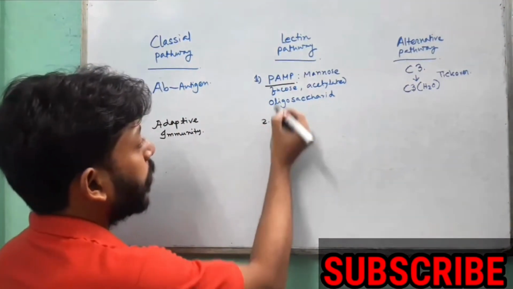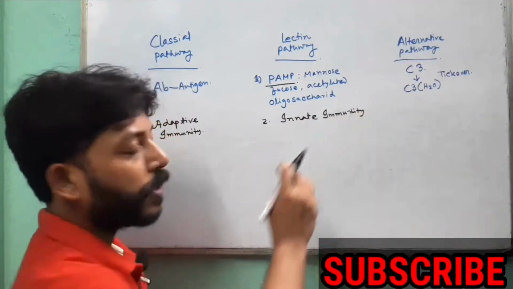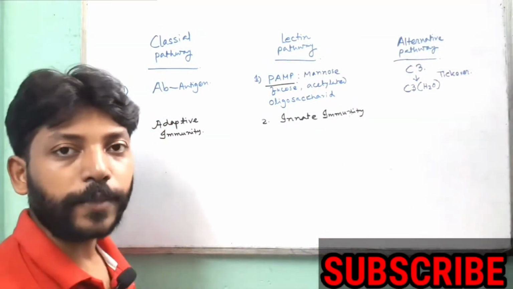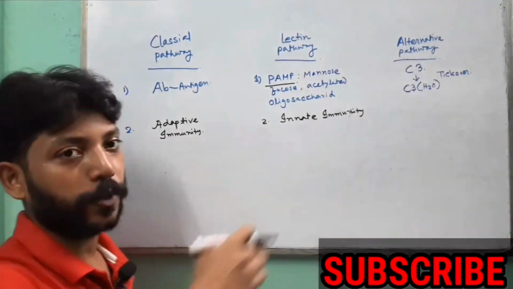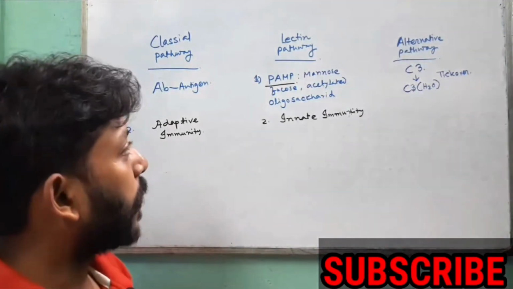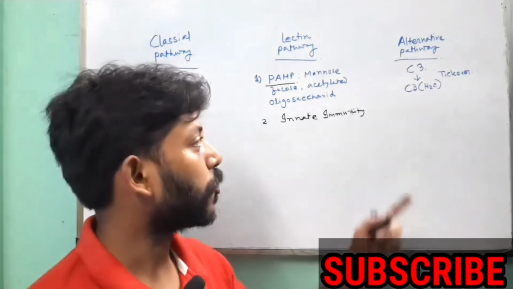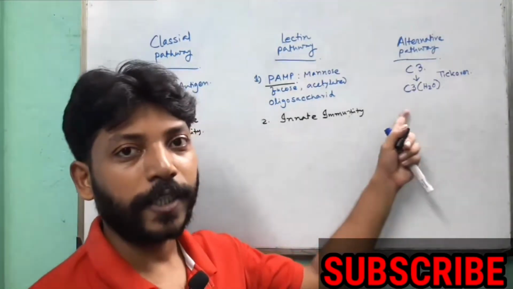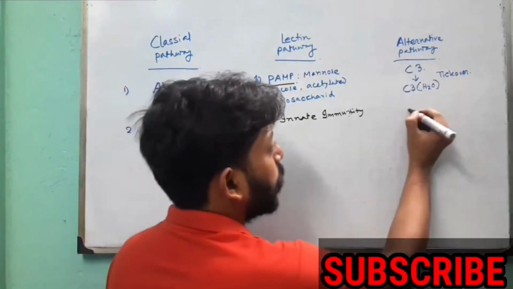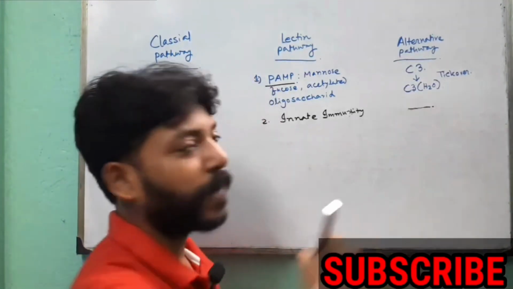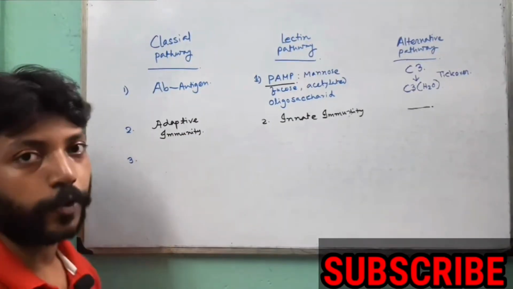So the lectin pathway falls in the innate immunity. Now you can see the complement pathways cooperate between adaptive and innate immunity. And in the alternative pathway, as there is no initiator, we cannot call it adaptive or innate immune system.